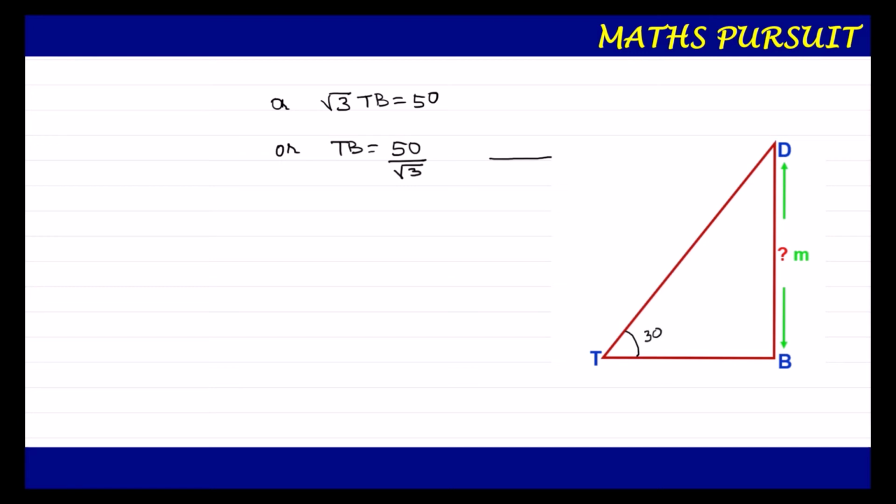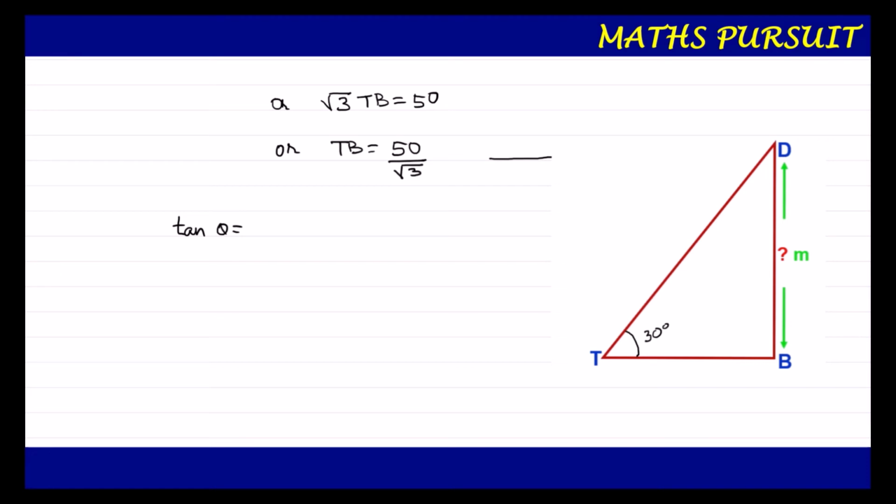Now guys, here we are going to find out BD because we do not know BD, and that is also being asked in the question. So we are going to find out the value of BD. Now let us apply again, in this triangle, the trigonometric identity, that is tan theta. We know that tan theta is equal to the opposite side of angle theta upon the adjacent side of angle theta.